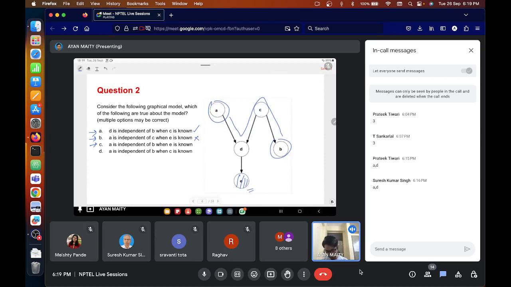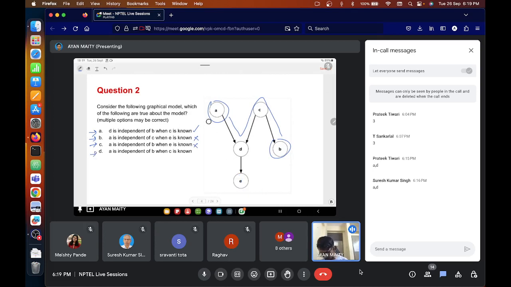Now we have to check whether DCB is blocked. The portion DCB is not blocked because C is not given here. So none of the portions of this path from A to B are blocked. So there is a path from A to B, so A and B cannot be conditionally independent given E. So third option is not correct.